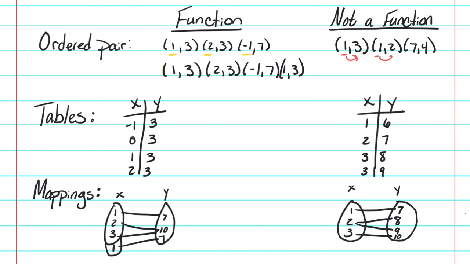That is very common how they will try to trick you. But what is not a function is if I have the same x value going to different y values. So if 1 goes to 7, 2 goes to 8, and then 2 goes to 9, this right here is not a function.